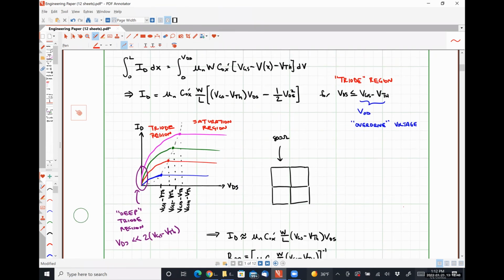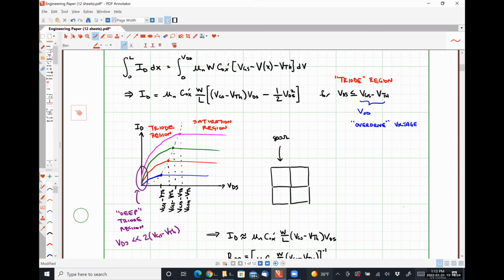So what we're going to talk about next is the concept of channel length modulation, which is effectively the early effect for MOSFET transistors, okay? Because as our voltage VDS increases, we push that pinch off point further and further and further to the left, shortening the length of the channel, thereby increasing our drain current, okay?